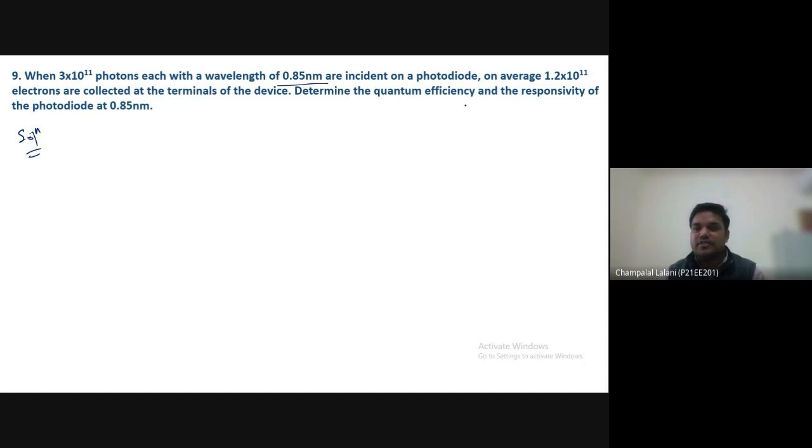Determine the quantum efficiency and responsivity of the photodiode at this wavelength. So first thing, you need to determine the quantum efficiency. So what will be the quantum efficiency for a photodiode?